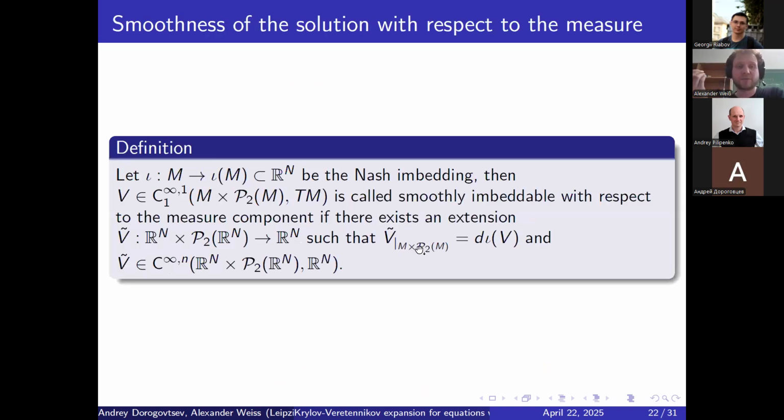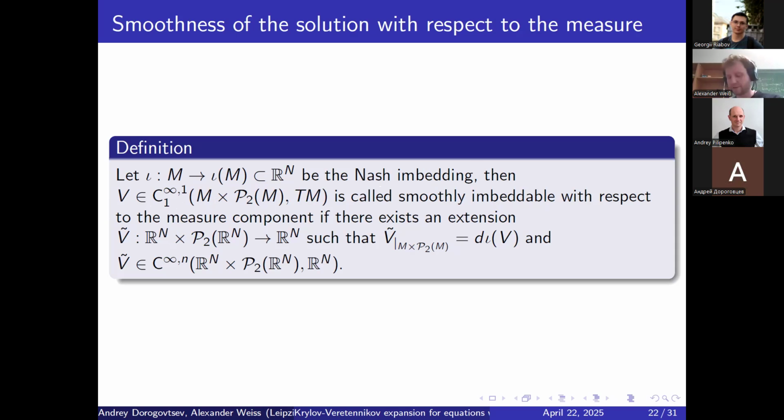Before we can do this, let me define another class of vector fields, because we couldn't prove the smoothness of the solution with respect to the measure variable for very general vector fields, but only for such vector fields which are of this form. We consider the Nash embedding and a vector field which is smooth with respect to the Wasserstein variable and with respect to the manifold, and it's called smoothly embeddable with respect to the measure component.